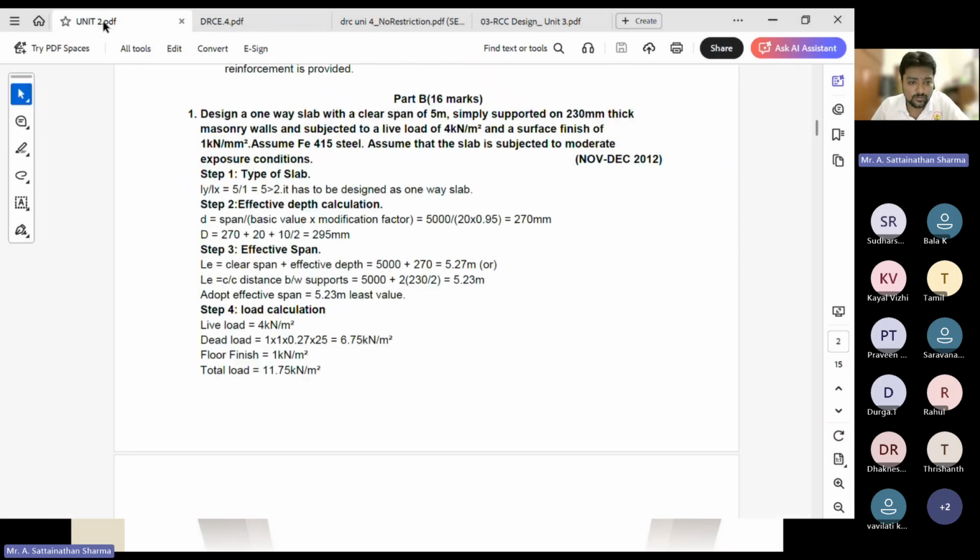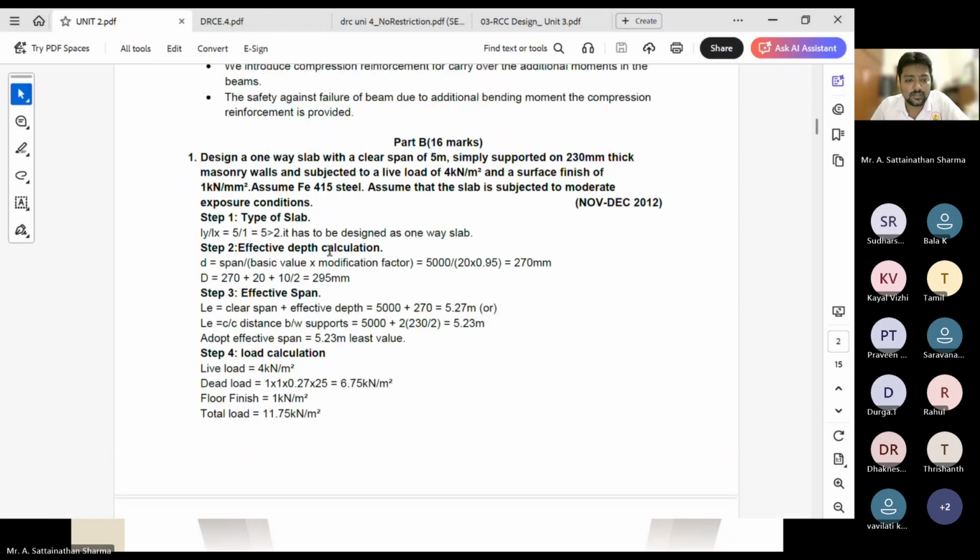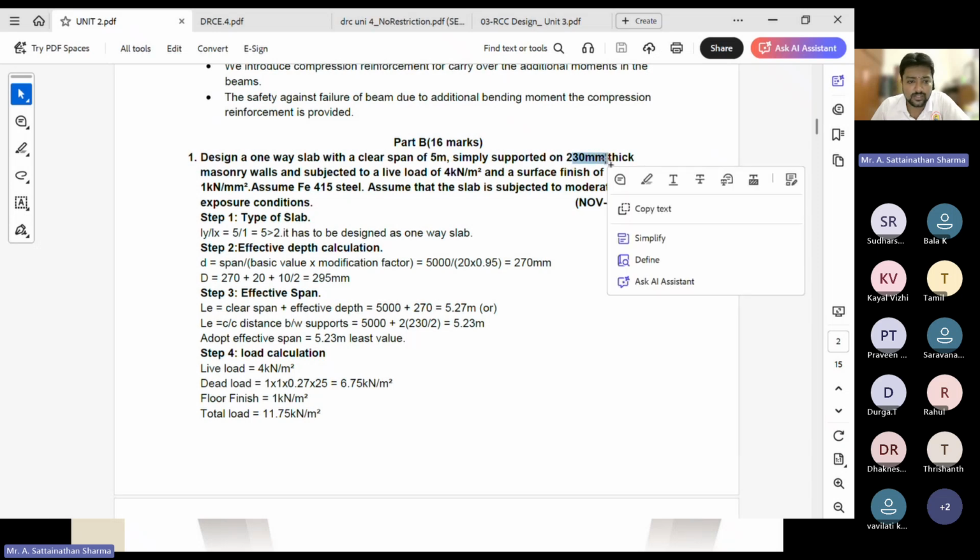I'll show another problem. Yeah, you can see here. Another type, same problem. You can easily differentiate what is given, what is not given, what you have to assume. Design a one-way slab with a clear span of 5 meters, again simply supported on a wall of 230 mm thickness, subjected to a live load and a surface finish of 1 kilonewton per meter square, not mm square.